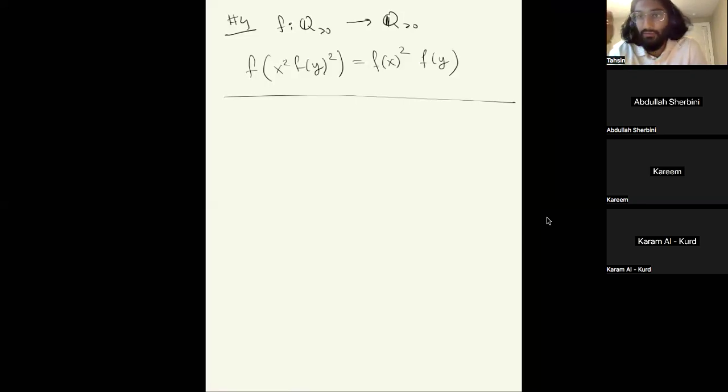There's something strange about this. If you try to guess the solution, you can almost guess it.